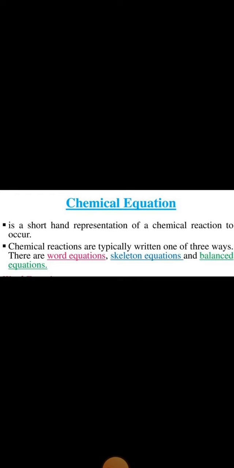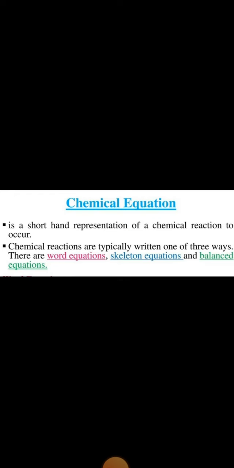Now, a chemical equation, or you can say the chemical reaction which is taking place, can be represented in three ways. First is the word equation, second is the skeleton equation, and third is the balanced equation.